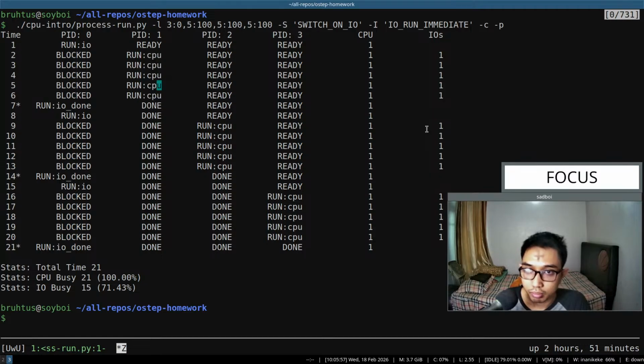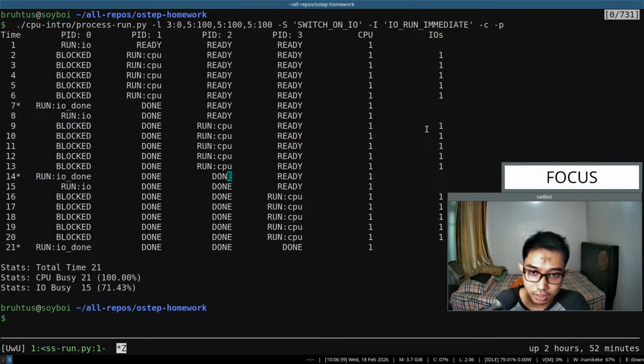So by the time the CPU process is done, the input-output is also done, and then we can run another input-output again, waiting for the input-output to finish with this 5 time, whatever measurement it is. And then after that we can run the second process, the CPU process, which is coincidentally also 5 time.